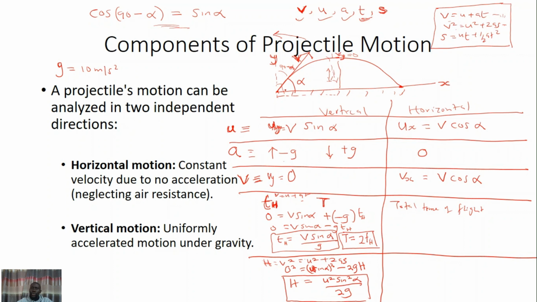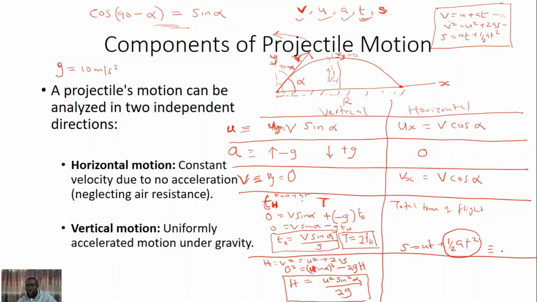Now, in the horizontal component, we want to calculate the range, which is r. What formula would we like to use here? In this case, we will use the formula s equals ut plus half at squared. And don't forget that when you are considering motion along the horizontal axis in projectile motion, the acceleration is usually zero, so this term will be zero.